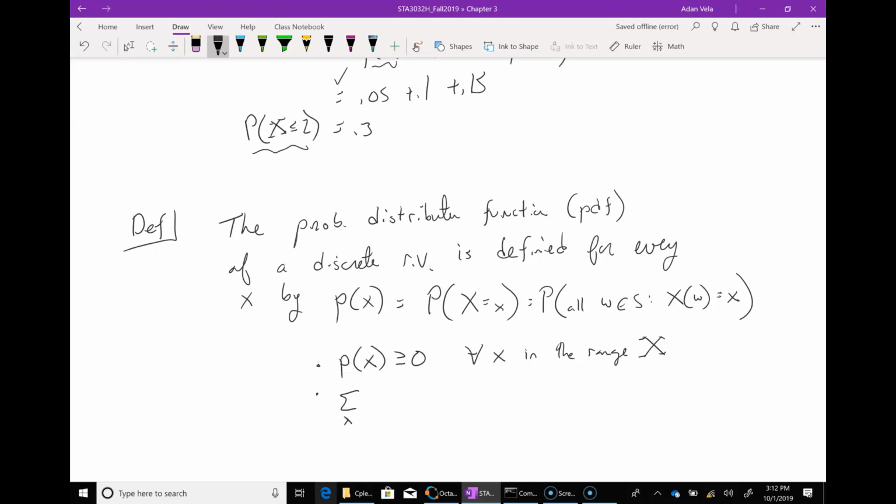More so, we can say that the sum of those probabilities has to equal 1. You'll see this quite a bit in math, where they're not explicitly clear what they're summing over. They're just saying we're going to sum over the variable x, and the assumption is that you know what values x can take on.